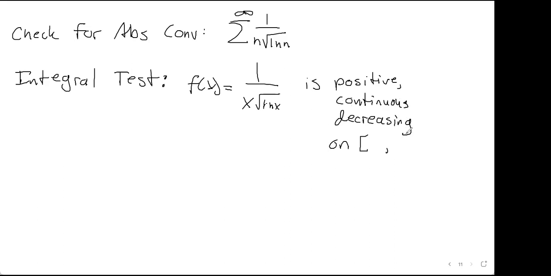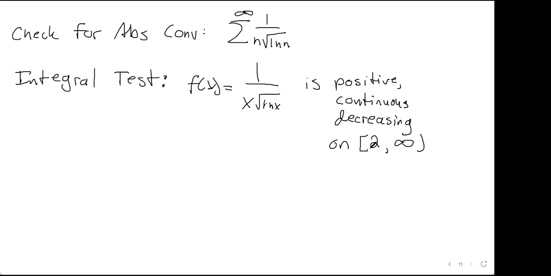So it's actually always decreasing because the bottom is always increasing. Continuous, you have to miss 0, you have to miss 1 because the natural log of 1 is 0, and that makes the bottom 0. But 2 is okay. And so from 2 to infinity, we've missed all the asymptotes, and so we're good.